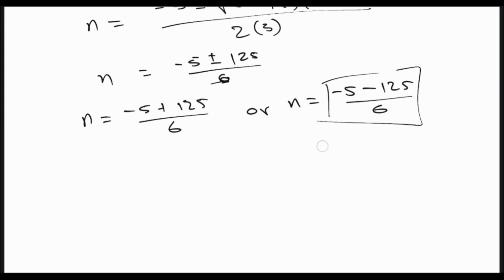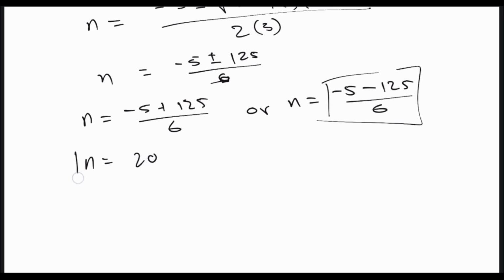So 5 plus 125, that's equal to 130. So 120 divided by 6, that's equal to 20. So this suggests that our n is equal to 20. So this is not applicable, right? So we have our value of n.